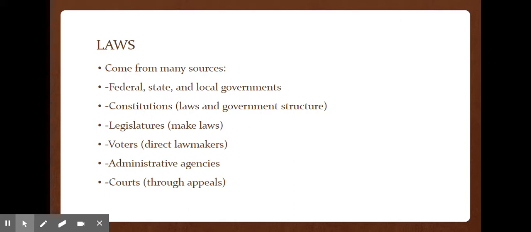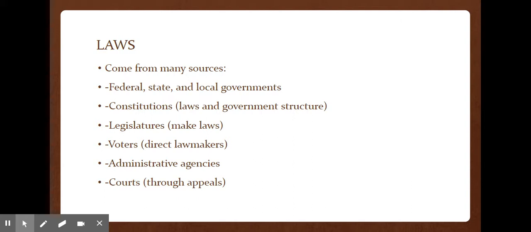These administrative agencies, when they pass legislation or when they pass suggestions, it has the power of law. Even the presidential cabinet, if the president and the presidential cabinet come up with certain ideas, they can have the power of law. So administrative agencies through doctrine can create law.